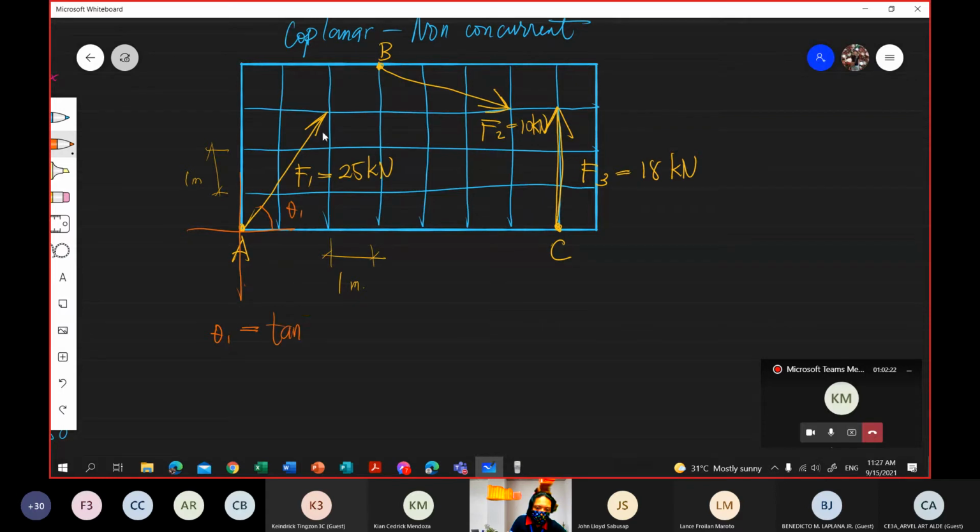Arctangent of opposite over adjacent. This is a right triangle, so you use your trigonometry skills: arctangent of opposite, which is 3, over adjacent, which is 2. Arctangent 3 over 2.